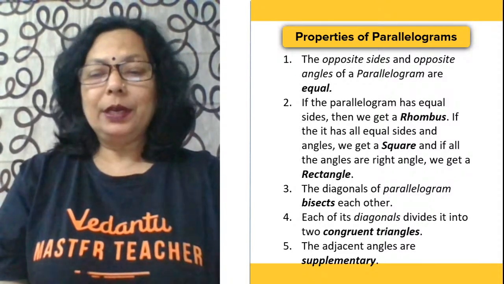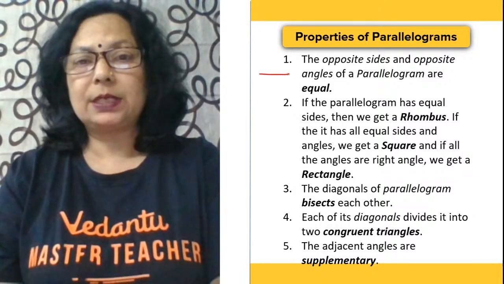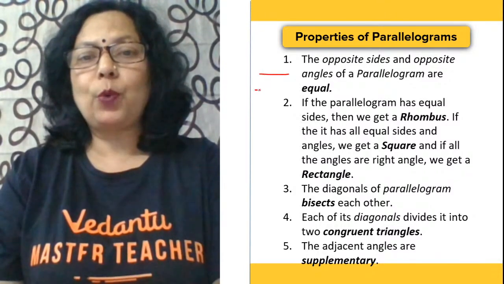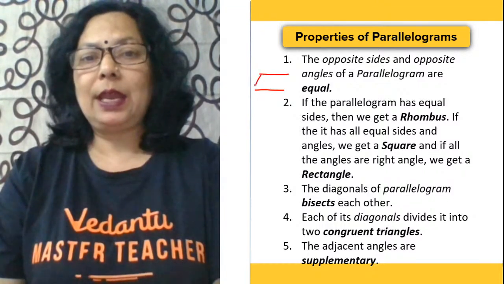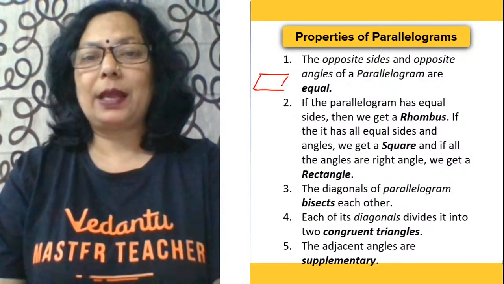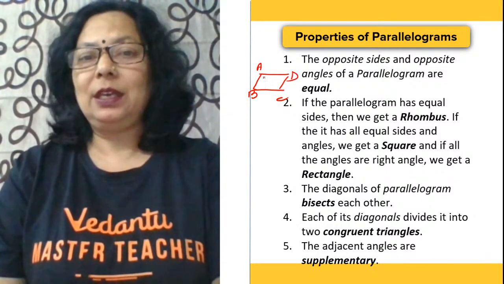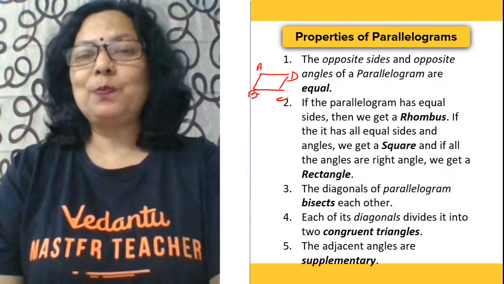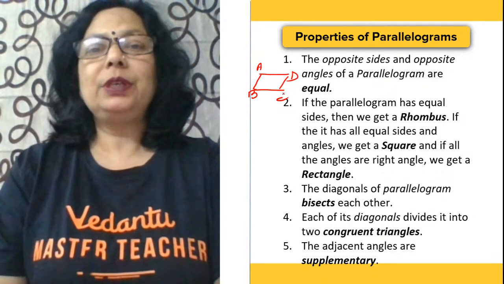Now, very important are the properties of parallelograms, although many of you are familiar. A quadrilateral whose pairs of opposite sides are parallel. If I name this ABCD, AD is parallel to BC, and AB is parallel to DC.